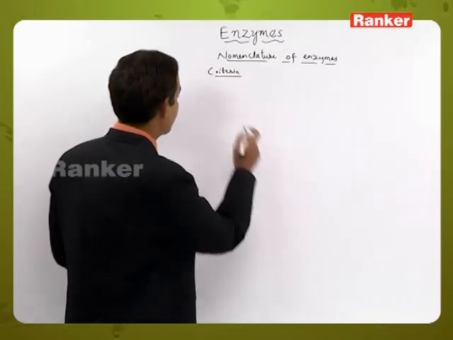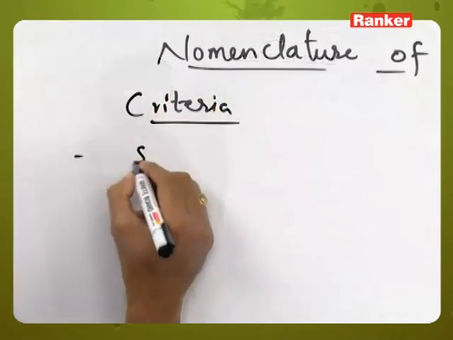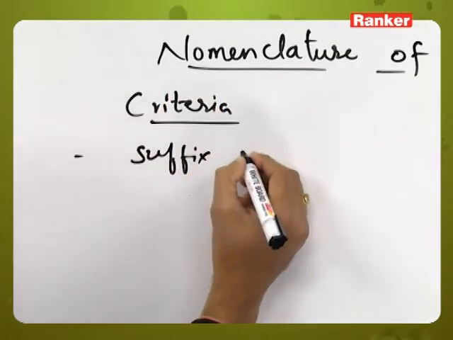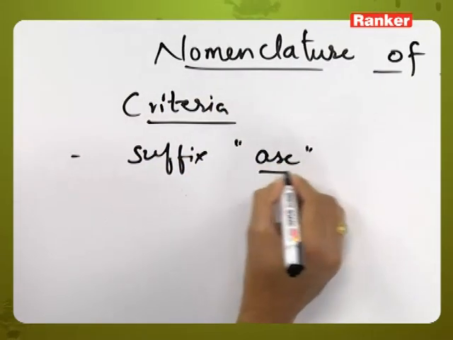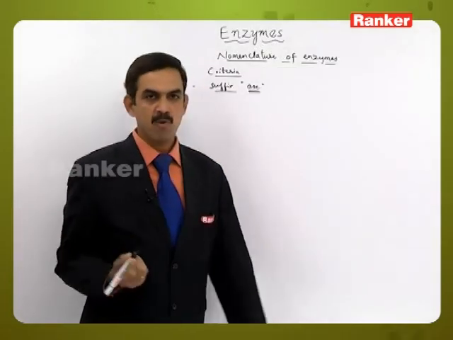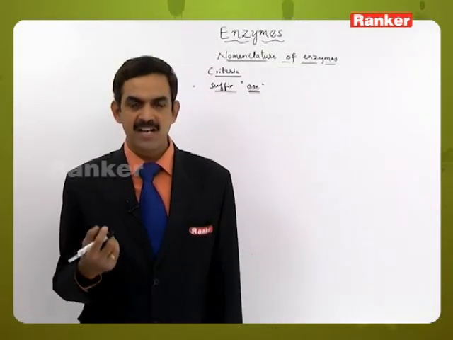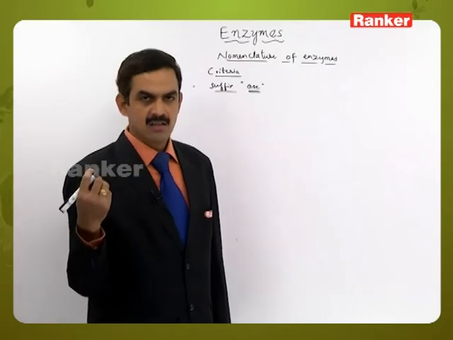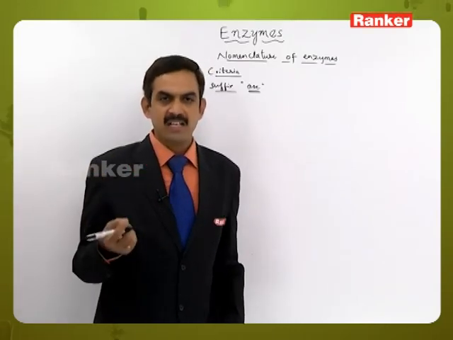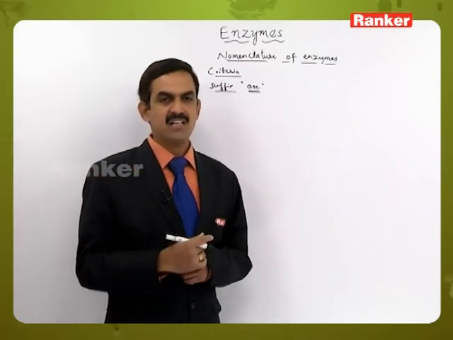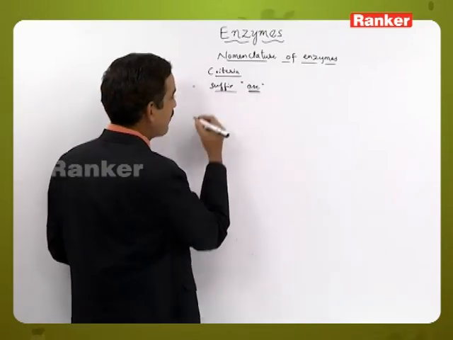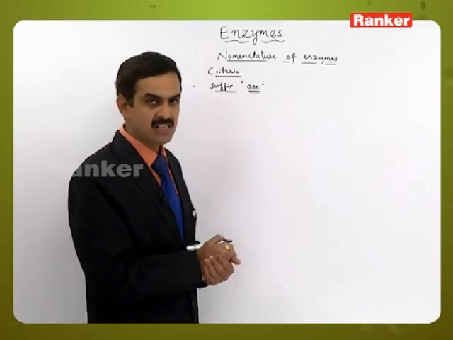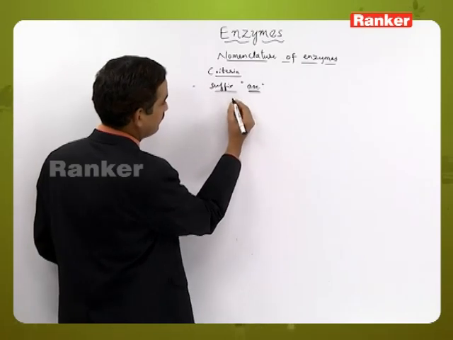So, let us take the first criteria related to the suffix. "ase" is given to the name of the enzyme. For example, any enzyme has to be ended with "ase", depending upon the type of the substrate on which it is acting.